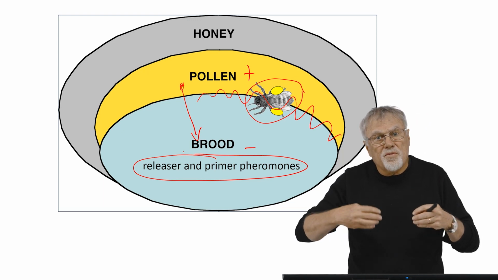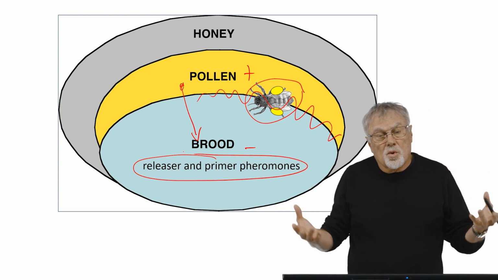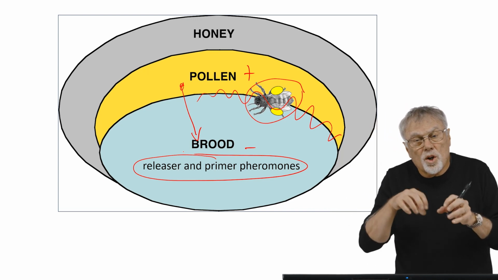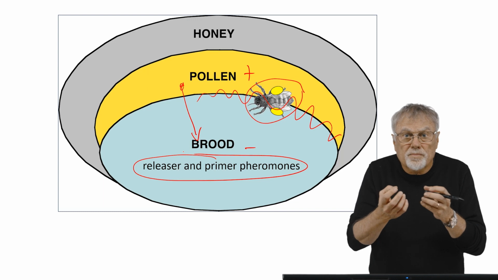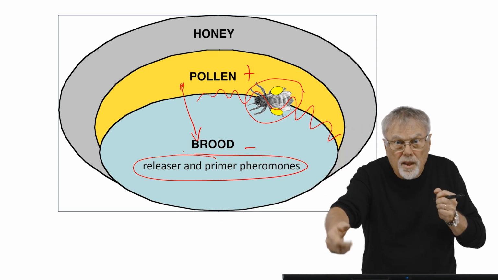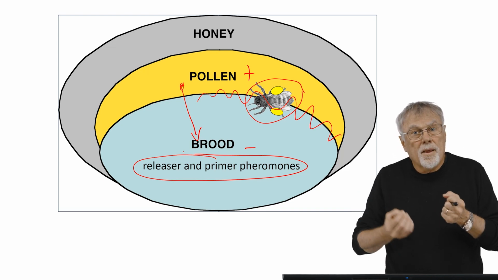The brood produce pheromones, chemicals produced in special glands and secreted to the exterior of the larvae, and the other workers are exposed to that. It will either release pollen foraging, meaning they'll go forage on pollen, or it will prime them to forage on pollen when they get older.